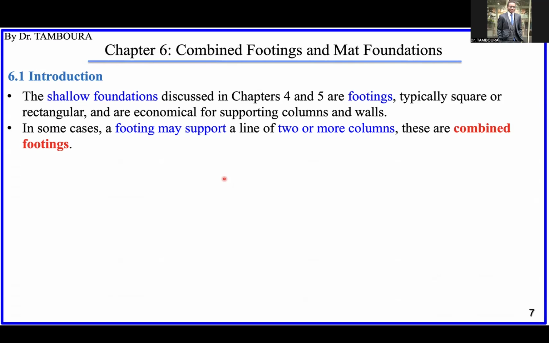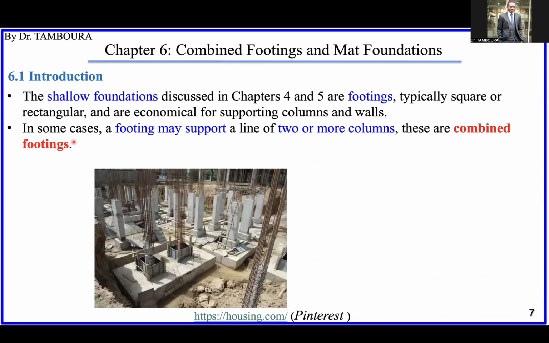Okay, if we have this kind of case, we cannot call them isolated footing anymore. Okay, the name will be combined footing. Okay, or you can see the illustration here. For example, you have here one footing but supporting two columns.